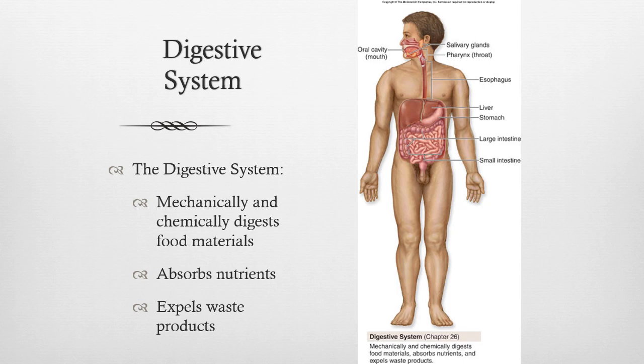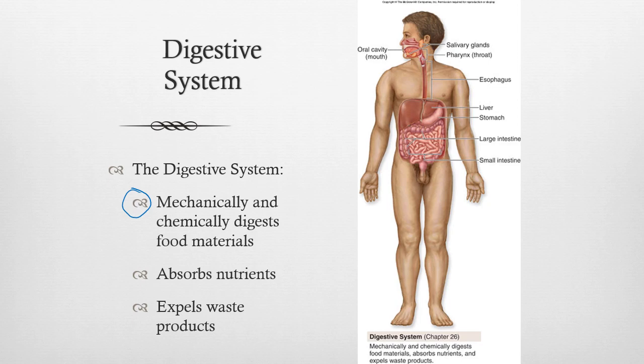All of those nutrients are in the carbohydrates and proteins and lipids and everything that's inside there. And in order for it to get into our cells, we've got to get it down into something that's basically microscopic. And so that process begins with mechanical and chemical digestion.